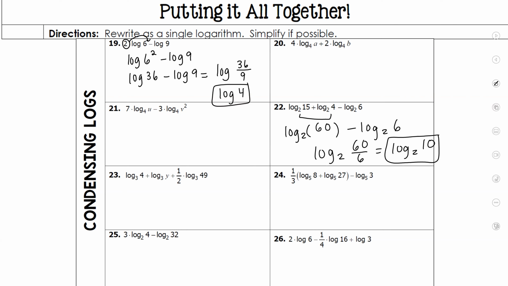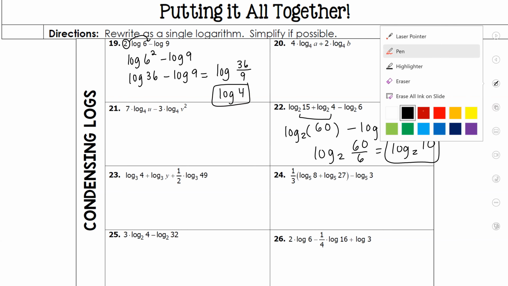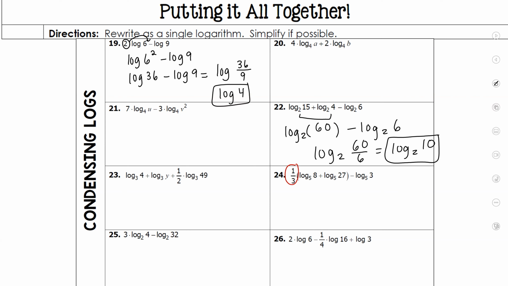Let's try number 24. So this is going to be written as log base 5 of 8 plus log base 5 of 27, and this will be to the third power.